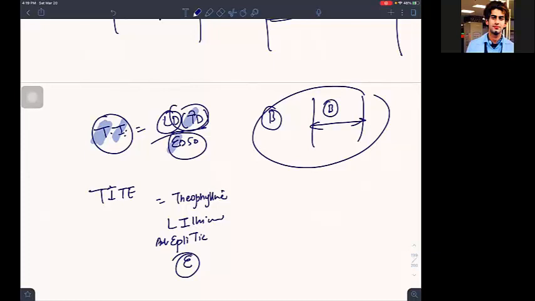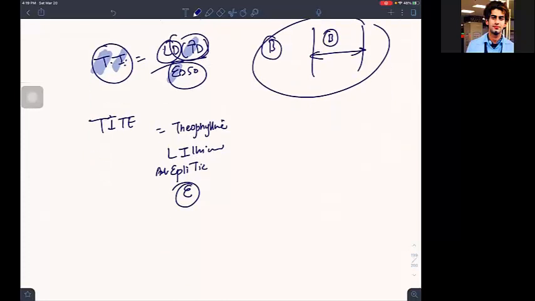Now if you want to remember the drugs, first let me write the drugs. Theophylline, I can remember the mnemonic. Theophylline, digoxin, warfarin, okay, and anti-epileptics and lithium.